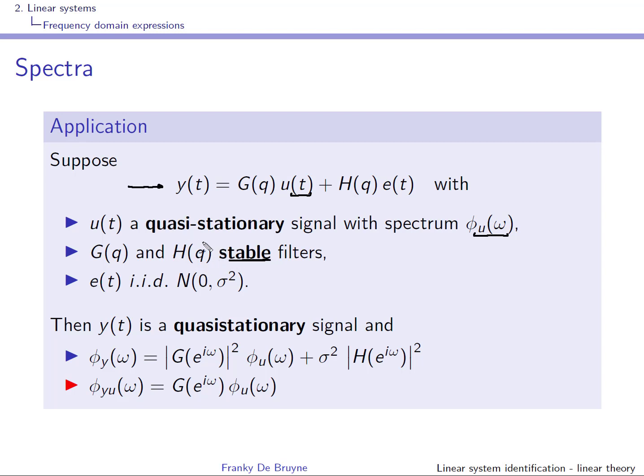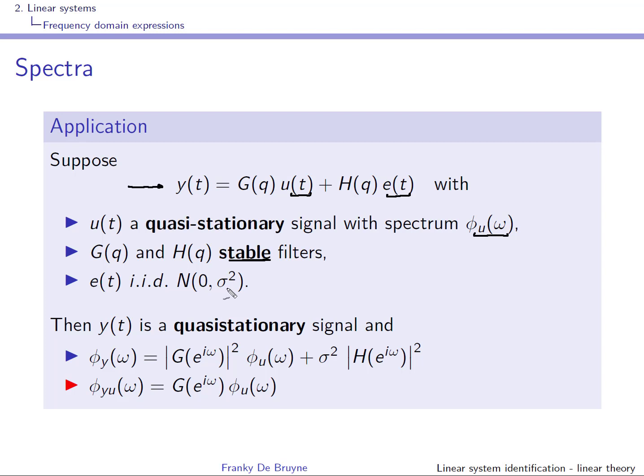In the remaining part of the course, we'll also use the fact that without loss of generality, H is also inversely stable. So here e of t is a sequence of independent, identically distributed white noise. This means that the probability density function is a Gaussian distribution with zero mean and variance sigma square.